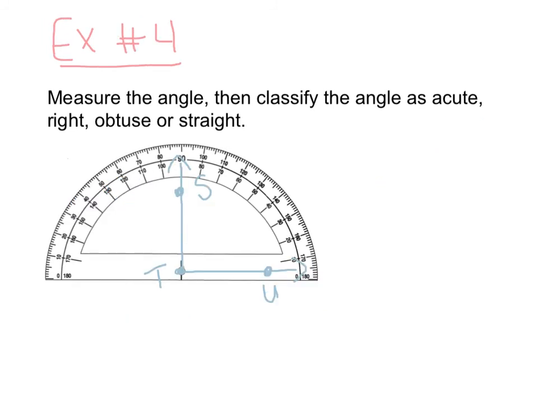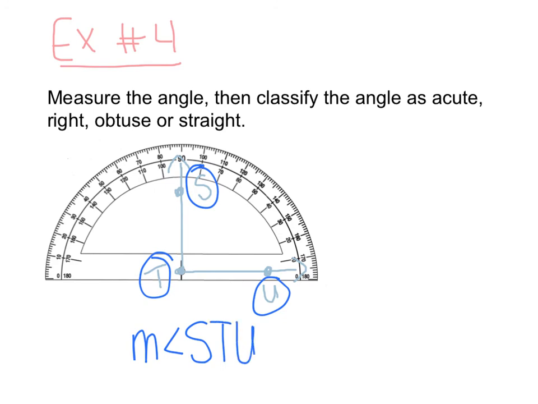And we have our last one. This one should be pretty easy. Measure of angle STU equals, and you can see that this line goes straight up to the 90-degree mark. So that makes it a right angle.